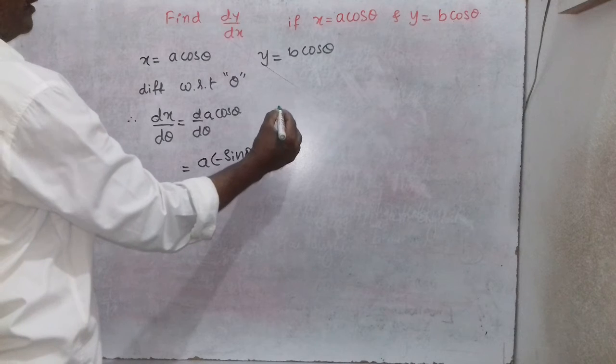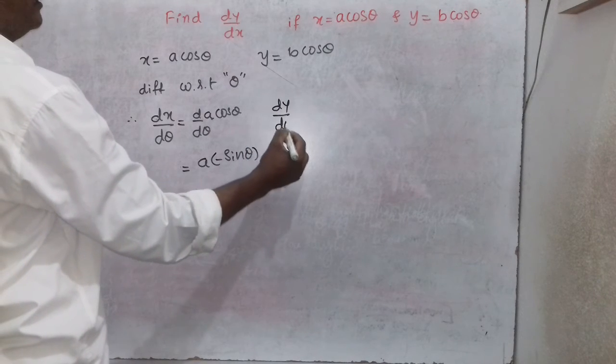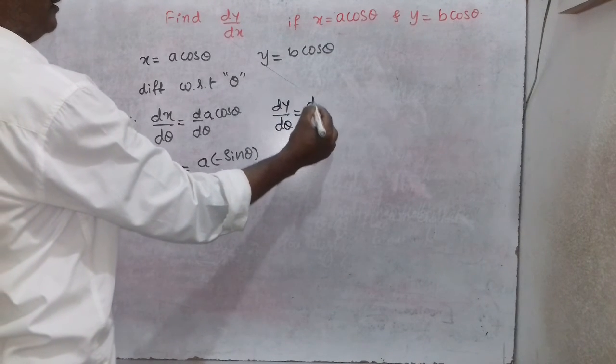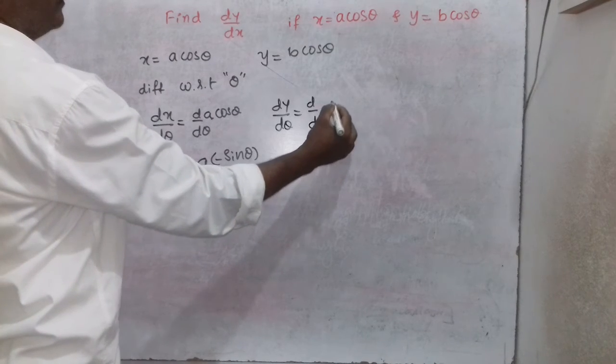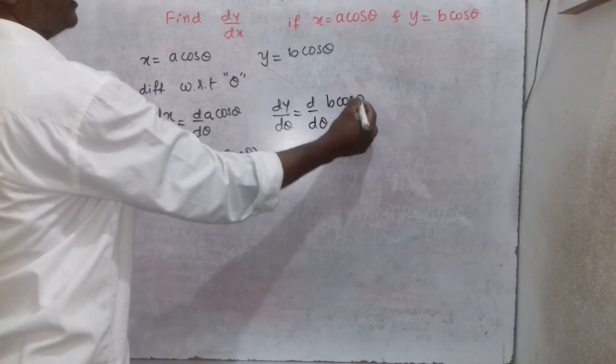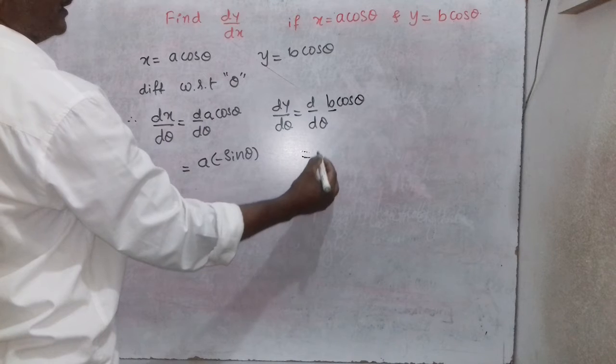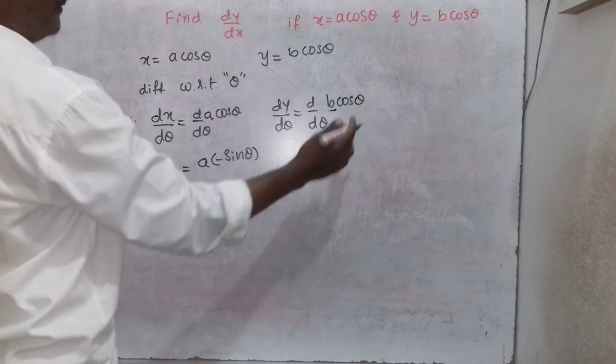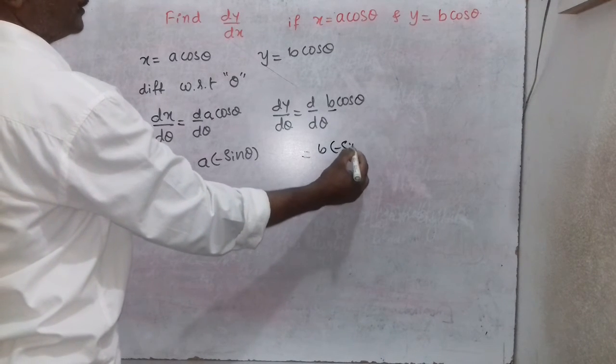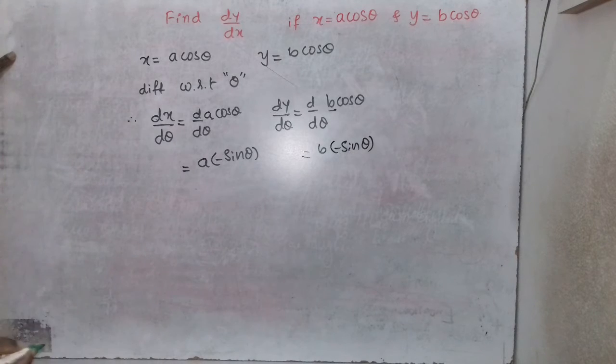Similarly dy upon d theta is d by d theta of b cos theta. Here b is constant, and the derivative of cos theta is minus sin theta.